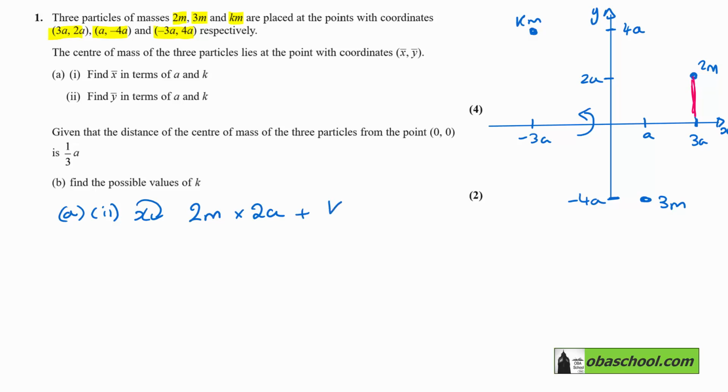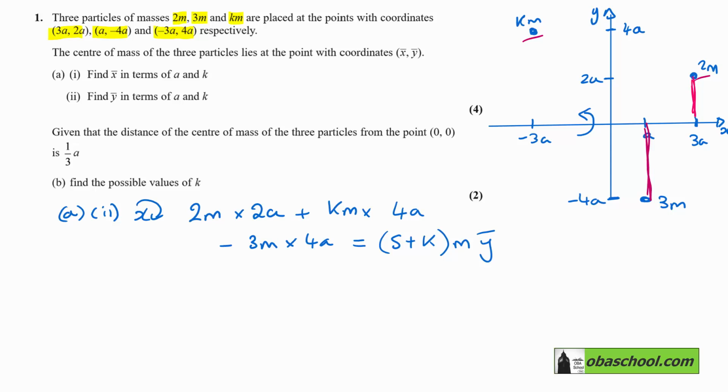Then we get the km times 4a, take away the 3m multiplied by its distance, which is 4a. That's the 3m down here, which is 4a from the axis, and it's on the other side to these two, and that's why it's negative. That's got to be equal to the total mass, 5 plus k m, times y bar.